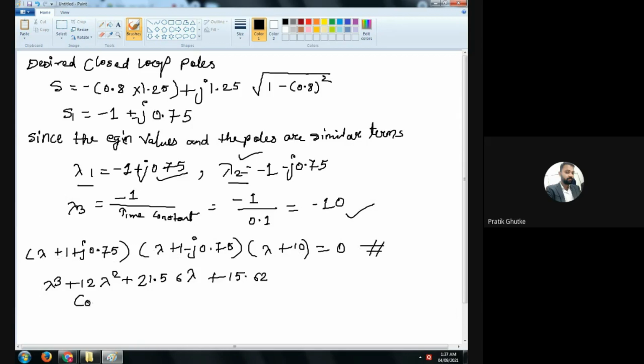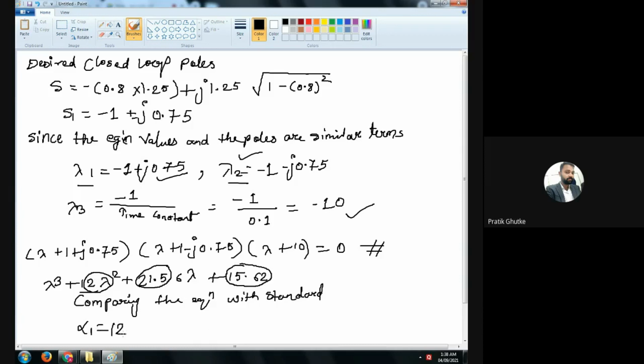Now comparing this equation with the standard equation. As we have already calculated a1, a2 and a3, now I will be calculating lambda 1, lambda 2 and then lambda 3, or analog notation.